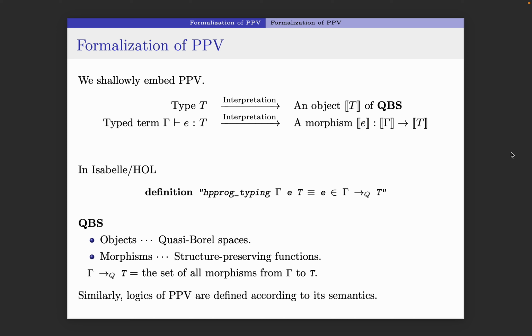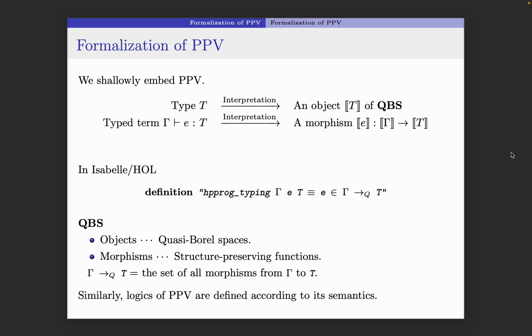We shallowly embedded PPV. That is, we implement PPV according to its semantics. In the semantics, types are interpreted as objects of QBS, where QBS is the category of quasi-Borel spaces. Objects are quasi-Borel spaces, and morphisms are structure-preserving functions.